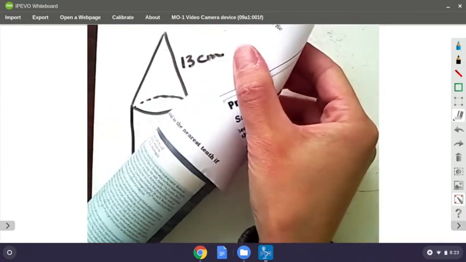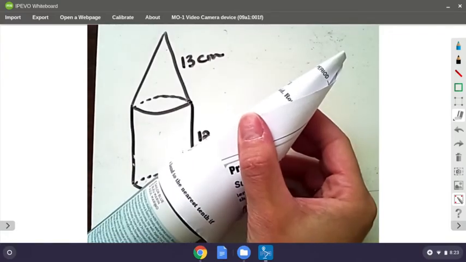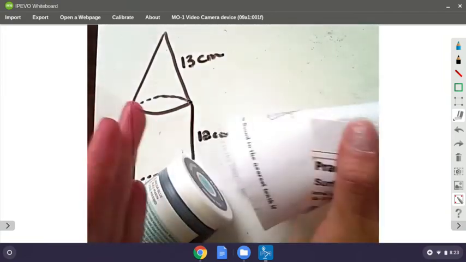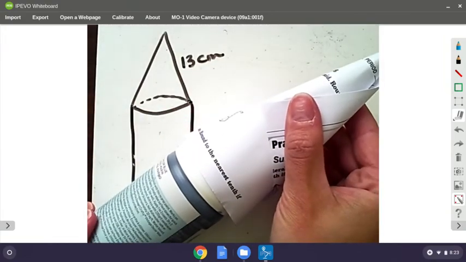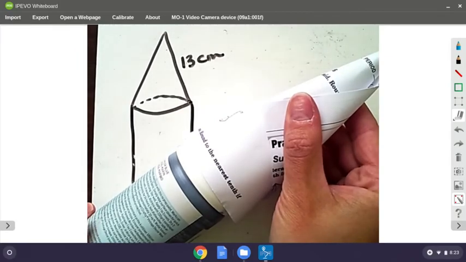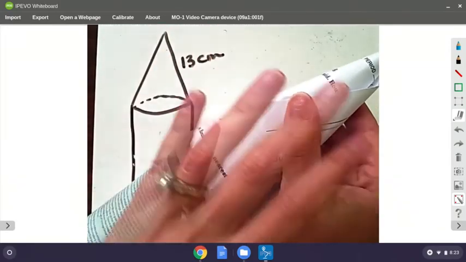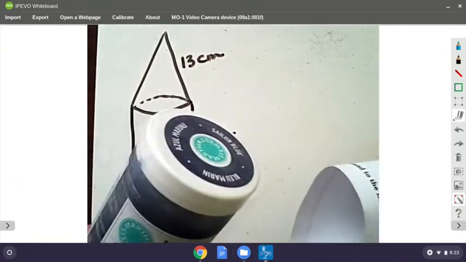We have a cylinder, we have a cone. The formula for the surface area of a cone is the curved part and the bottom. But if this cone is on top of this cylinder, then I don't want the bottom, right? Because I'm only painting the outside of it. I only want the outside.